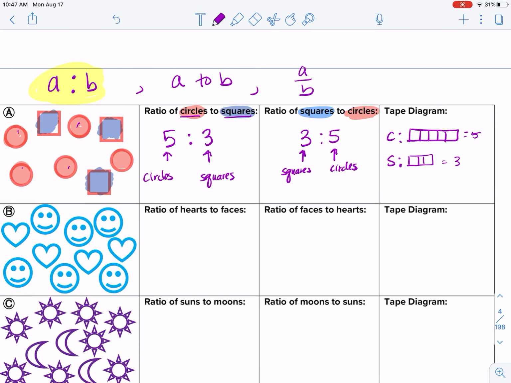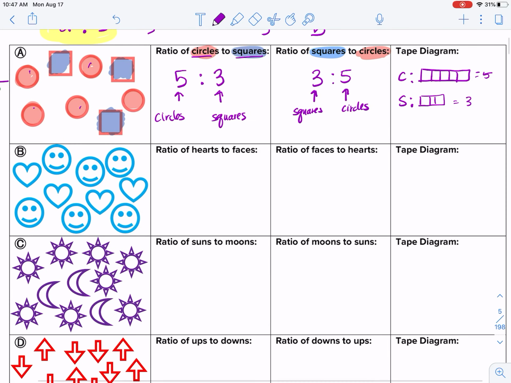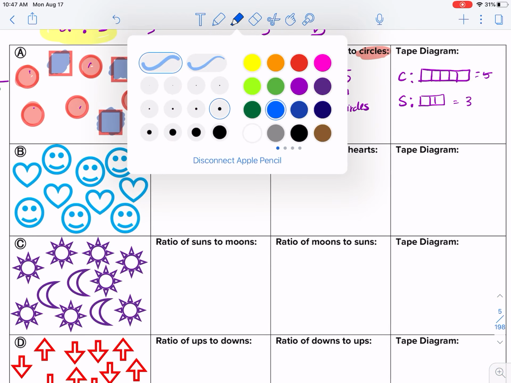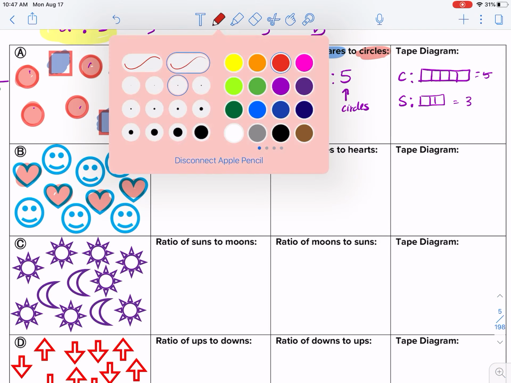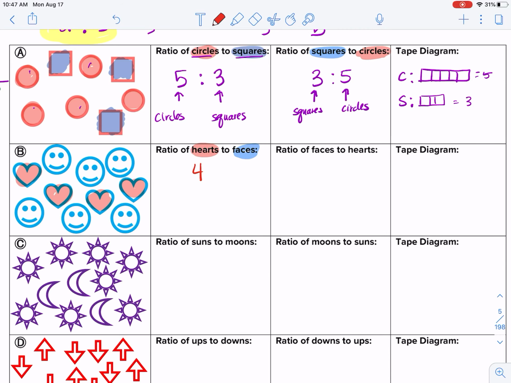All right, now let's go to the next one. I am now comparing hearts to faces. So let me go to my hearts. Let me count all my hearts. I have 1, 2, 3, and 4. So I have 4 hearts.